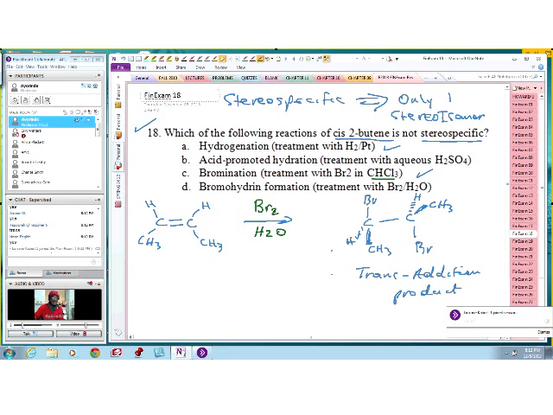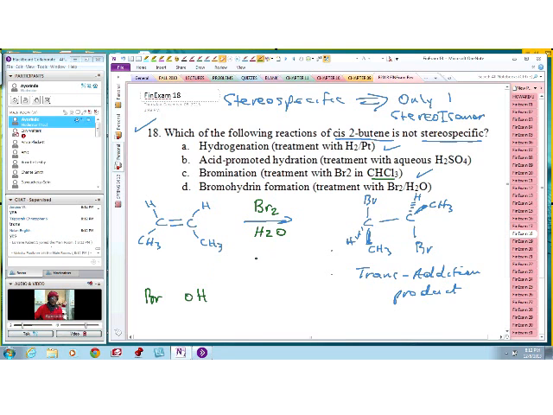What this reagent does here is to add a bromine and a hydroxy group, in other words, bromine and OH, across the carbon-carbon double bond, and this reagent is also a trans addition reagent. Which is to say that the bromine and the hydroxide will be added to the carbon-carbon double bond from opposite sides of the molecule.